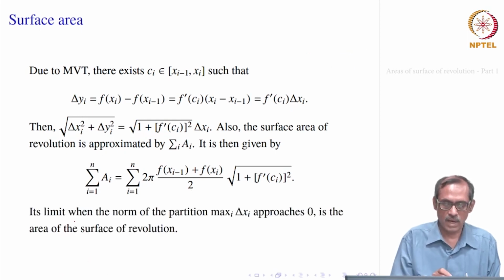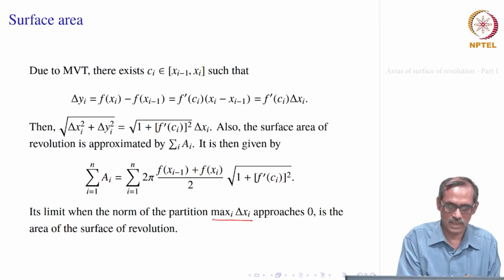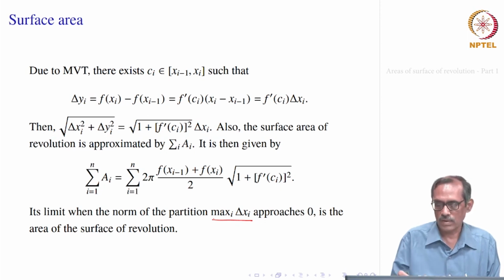Okay. So, now when the limit of the norm of the partition, which is the maximum of delta x_i, approaches 0, we obtain the area of the surface of revolution. Now, what will happen when we take the limit? Once the maximum of delta x_i goes to 0, you see that c_i also goes to x_i or x_{i-1}, they are now the same.